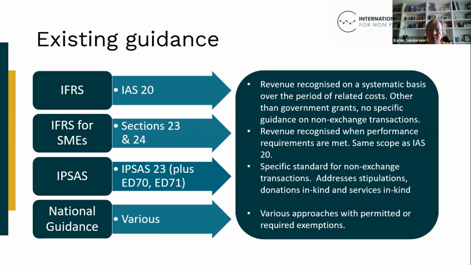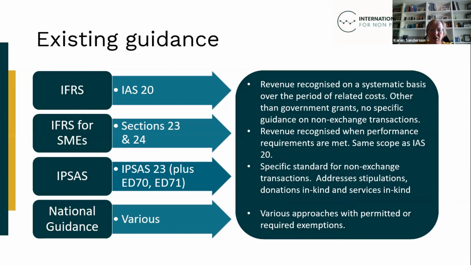There are also some different approaches to services in kind. One is that they're only recognised where they would otherwise have been purchased. Another approach is that services in kind are only recognised when they can be reliably measured, but if they can't be reliably measured, then they're disclosed instead.